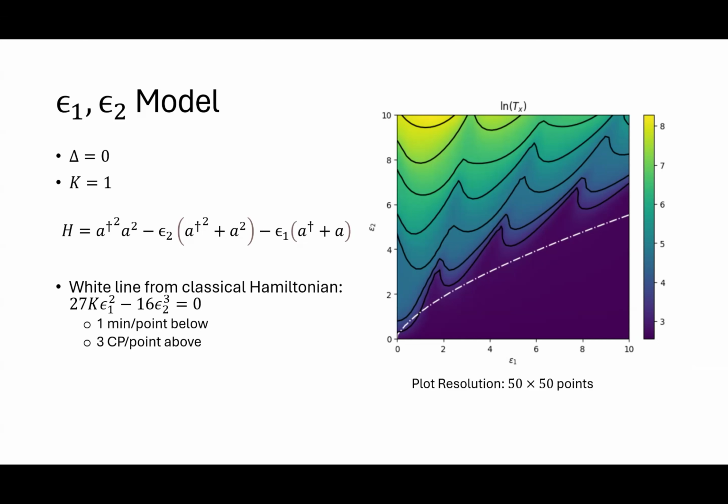I have a question to you two. Does this 1 versus 3 remain if you change the parameters also? 1 critical point below and 3 above, always like that, always this line? Yes, this is only for the closed system, the white line. The white line came from the closed system.